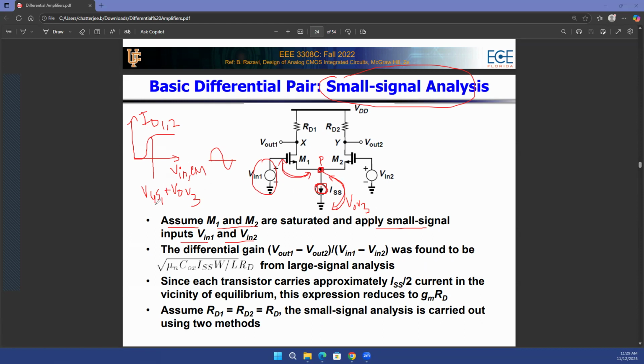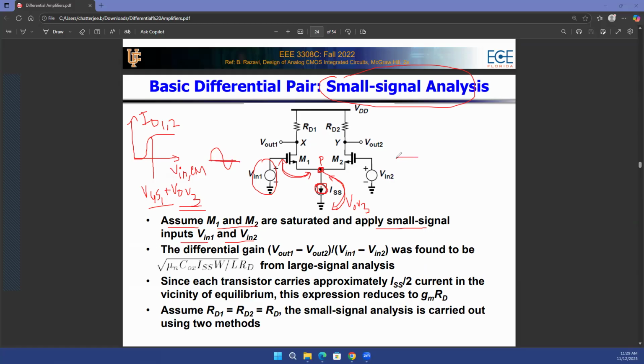So unless your input common mode is higher than VGS1 plus V overdrive of 3, the tail transistor, or this bottom transistor, is not in saturation. And in that case, you cannot even do the small signal analysis or the AC analysis, because the transistor will not be in saturation.